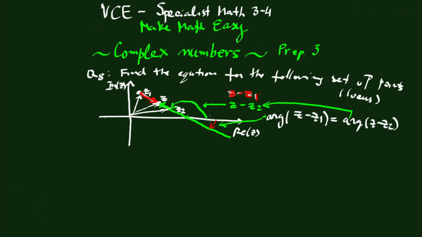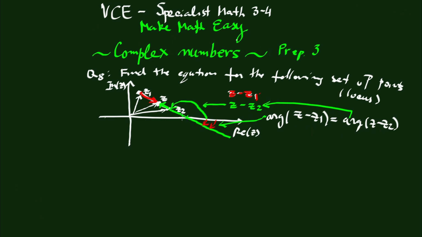So what we can see here, if I draw another line, is that they both add up to 180. So in this case, the argument of z minus z2 plus the argument of z minus z1 will be pi.